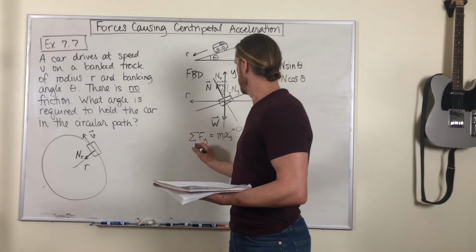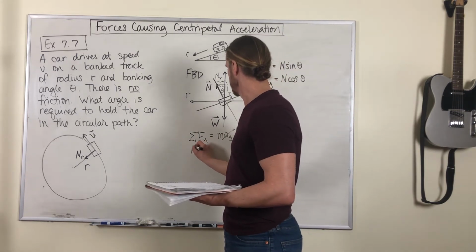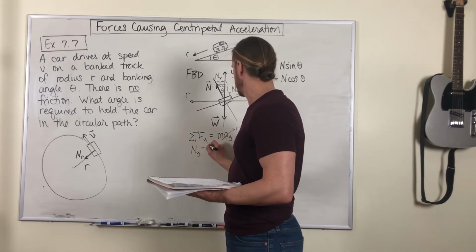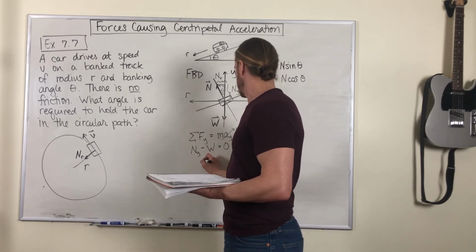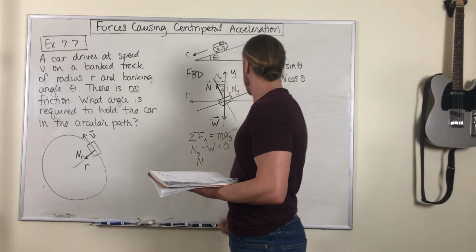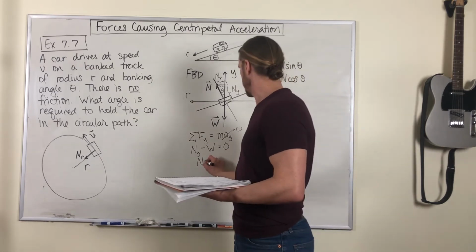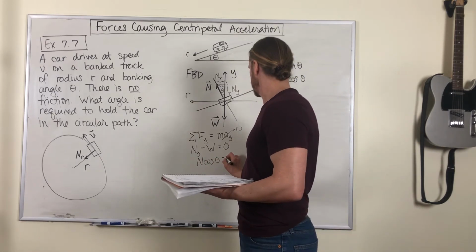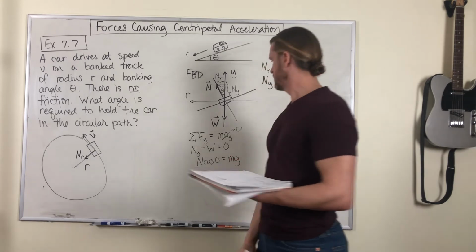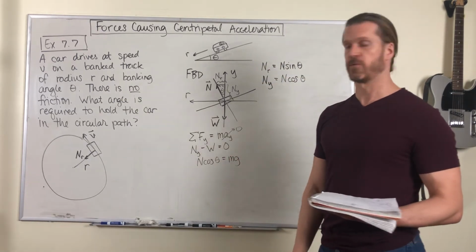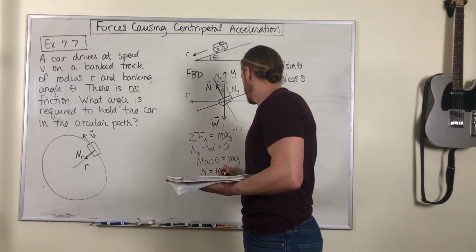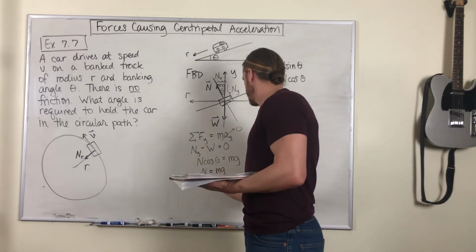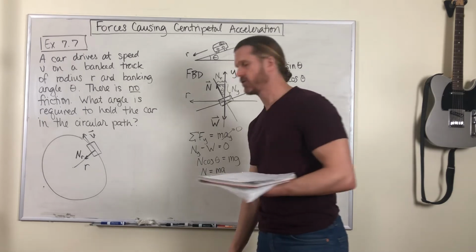So we have the y component of the normal force minus gravity equals 0, or n cosine theta equals the gravity force, mg, which means that n is mg divided by cos theta.